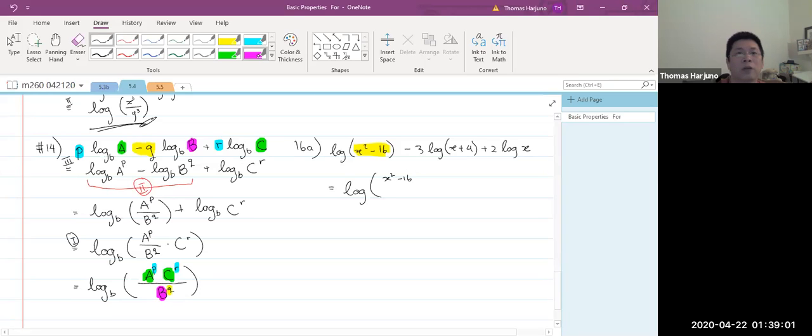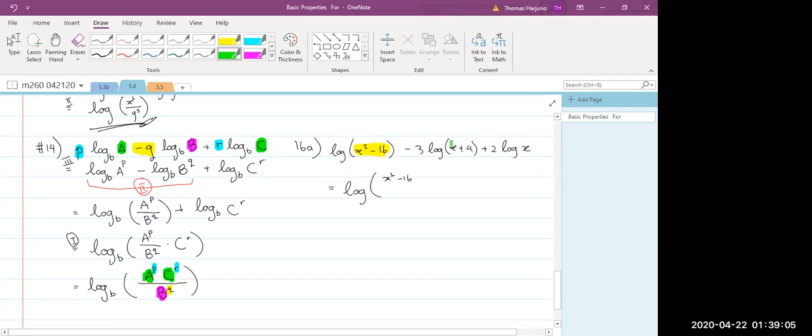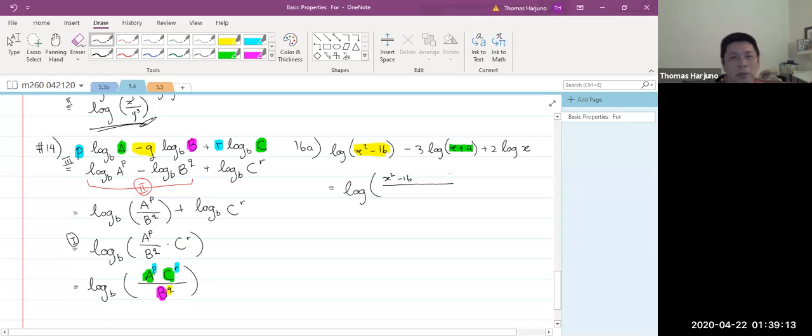Okay, now then how about this x plus 4? Denominator. Denominator with exponent negative 3. With exponent 3, I'm sorry. Yeah, exponent will be 3 and the negative means it's at the bottom, right? So it will be x plus 4 cubed here. And how about the last one, x?